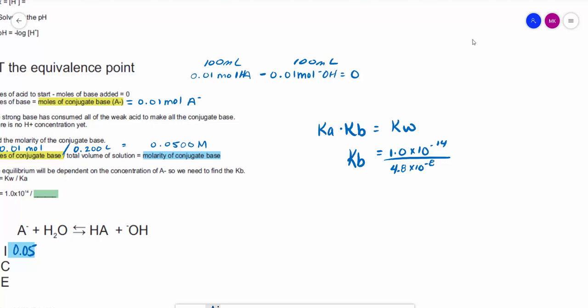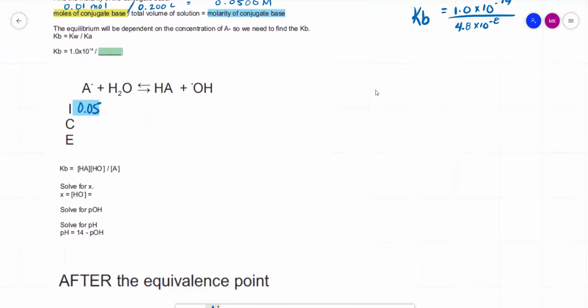Then we can calculate our Kb. Now make sure you're putting this into your calculator correctly. And I get 2.08. So this was 4.8 times 10 to the negative 8. So Kb is 2.08 times 10 to the negative 7.